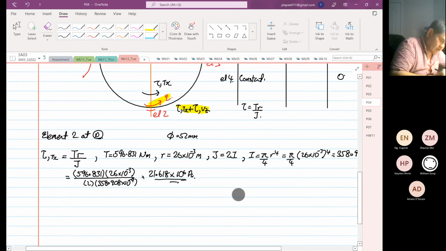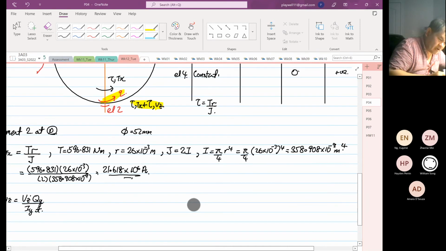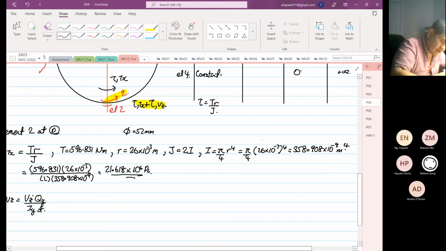Okay. The next thing we're going to do is calculate the shear stress due to Vz, which is equal to VZ Qy over Iy t. So we already got the I value. We know what Vz is.